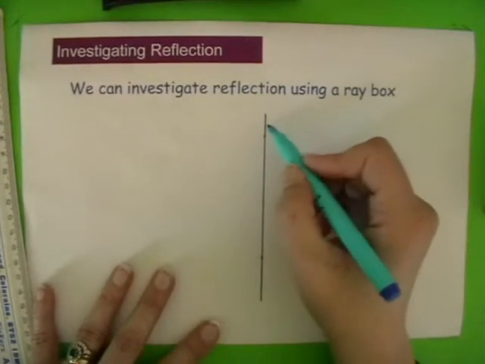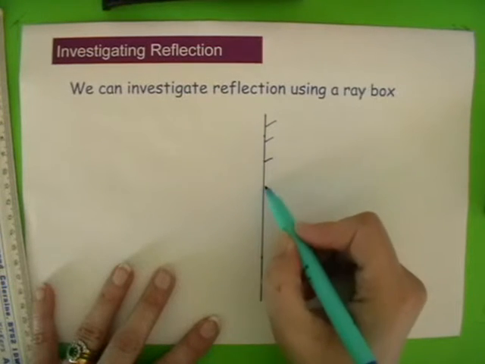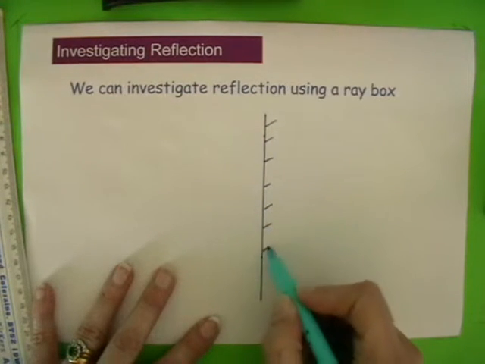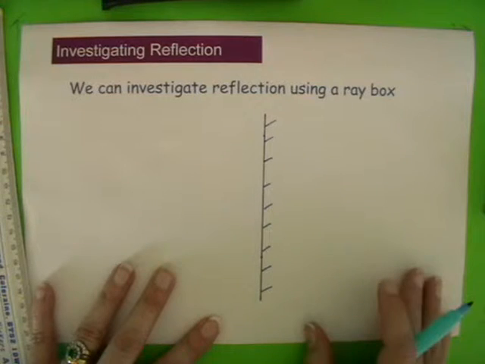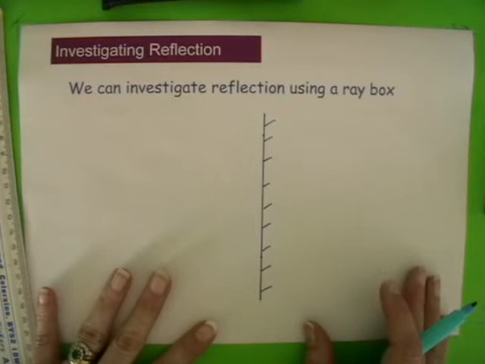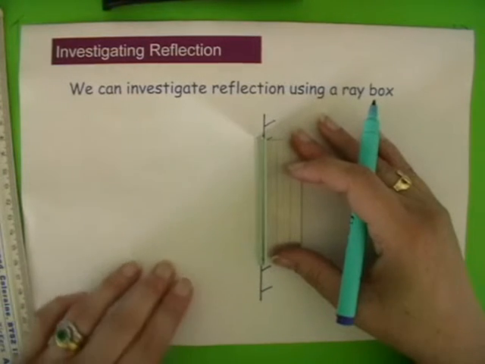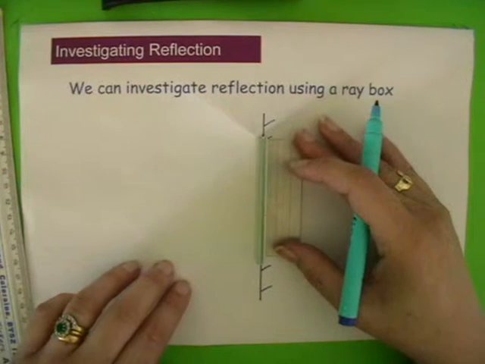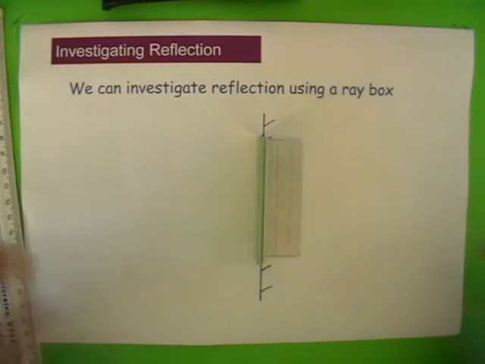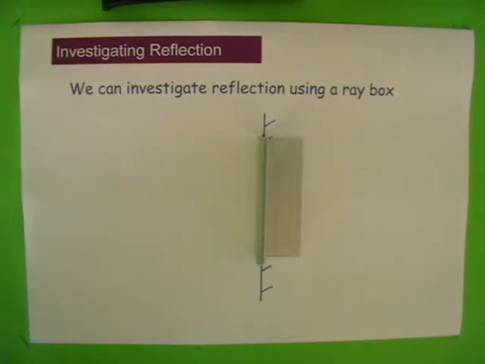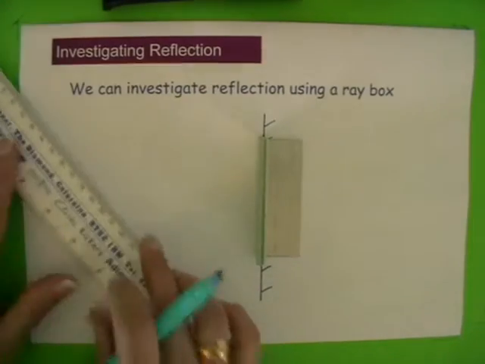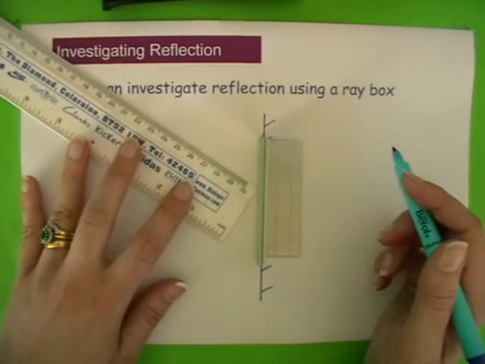In the exams you will often see this with hatching to show the back of the mirror. So when we're investigating it in the practical, we set the mirror back exactly onto that line again, and we set the ray box so that the light is coming in at an angle to the normal, or an angle to the mirror.